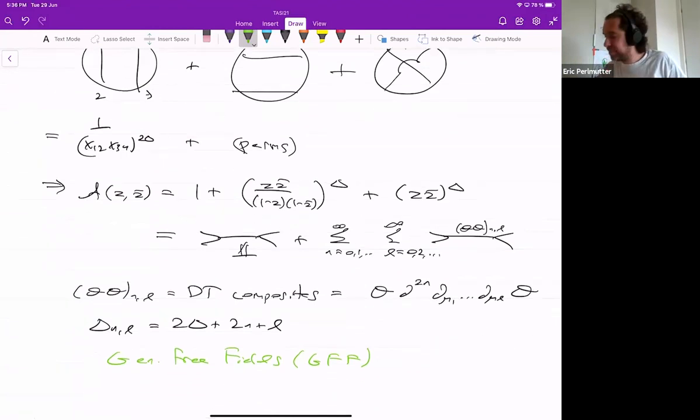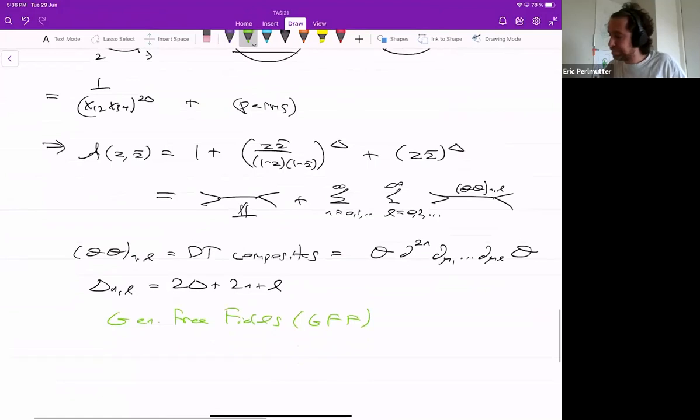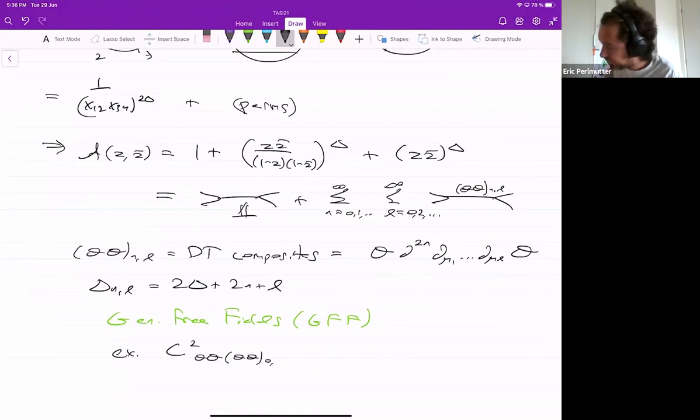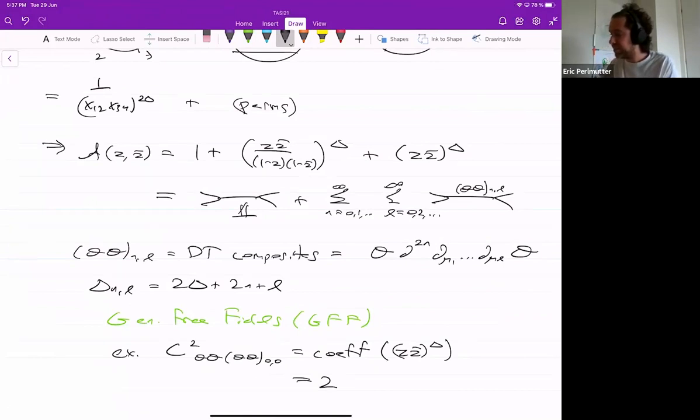Not exactly, but okay. It is for the first term in the sense that when we expand at small z, for example, the OPE coefficient between the 2 O's and then the first composite, the scalar with n equals 0, is just the coefficient of z bar to the delta. So first of all, just expanding at small z, you see that there's an operator whose dimension is 2 delta.